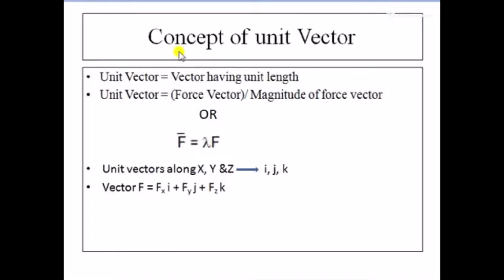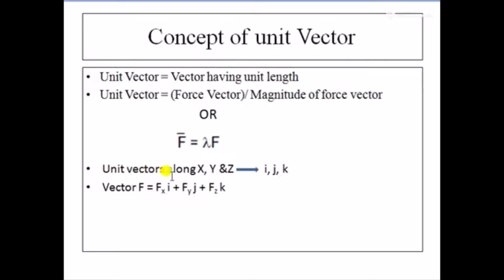Moving on ahead, to understand the concept of unit vector, I have given some basic explanation. What is a unit vector? It is a vector which has a unit length. In mathematical expression form, we can say that unit vector is equal to force vector divided by the magnitude of the force vector. So force vector F bar can be represented as lambda into F. This lambda here represents the unit vector of our discussion.